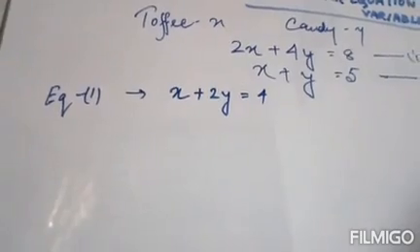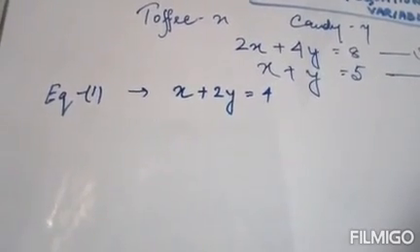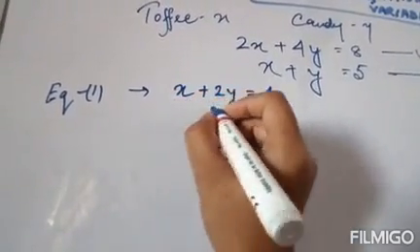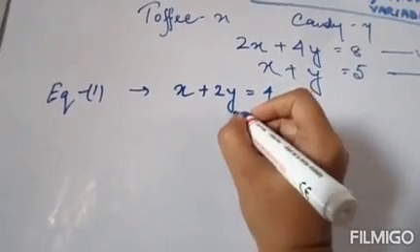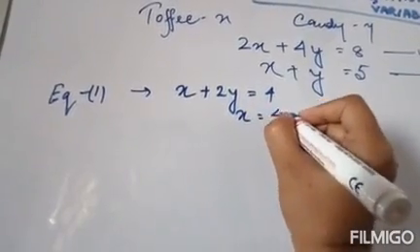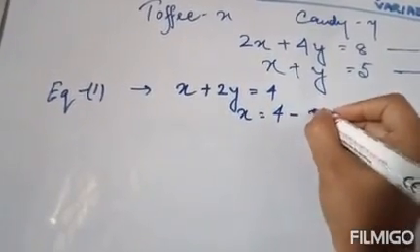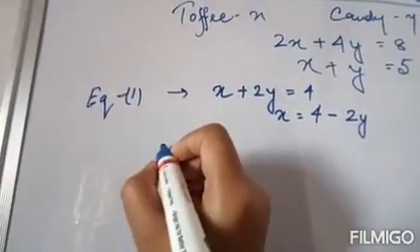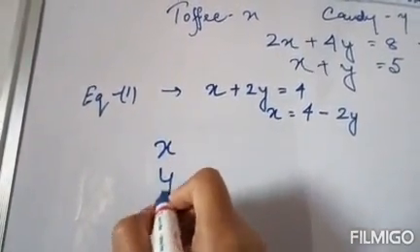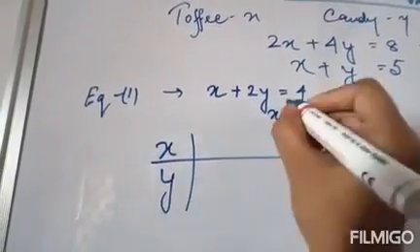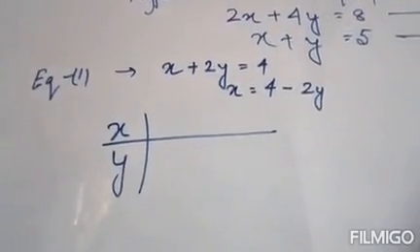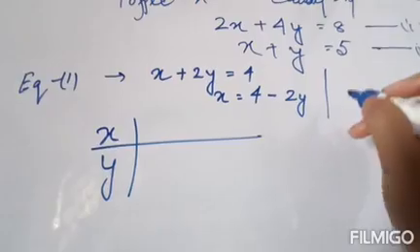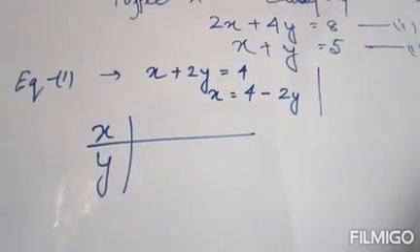Let us find the value of x. The value of x is 4 minus 2y, correct? You can also take y as the subject of the formula.